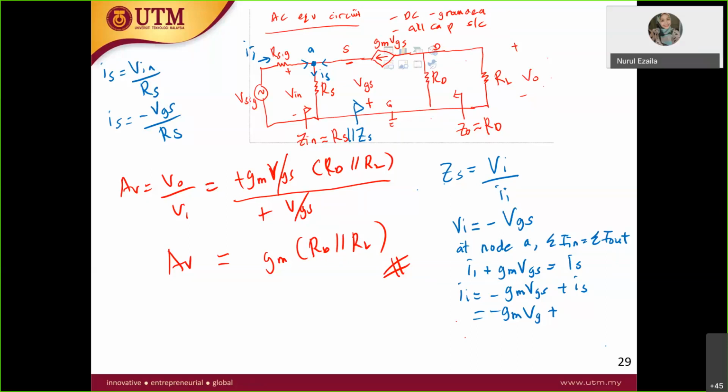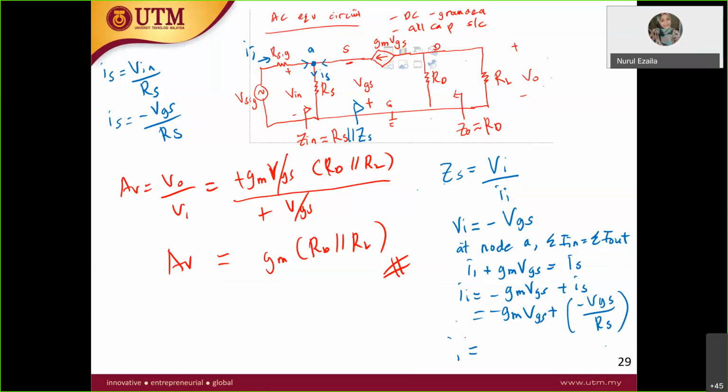Therefore, this portion is equal to negative VGS over RS. If you simplify this, you will get your I in over here, which is equal to that value.